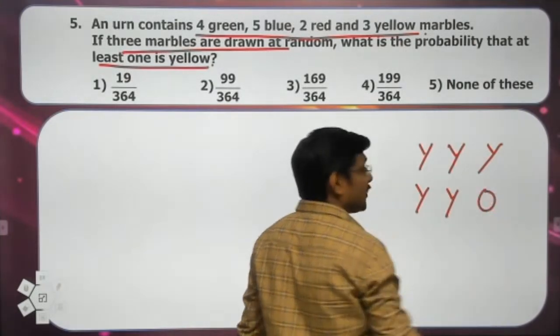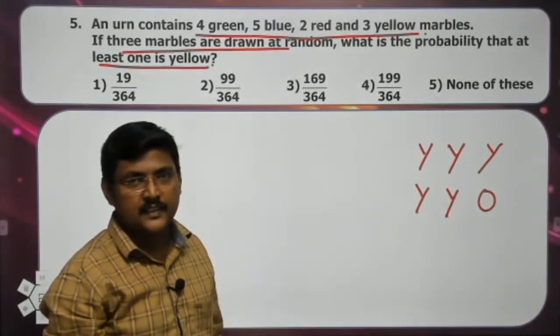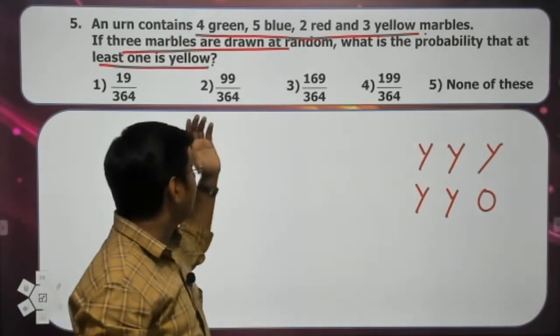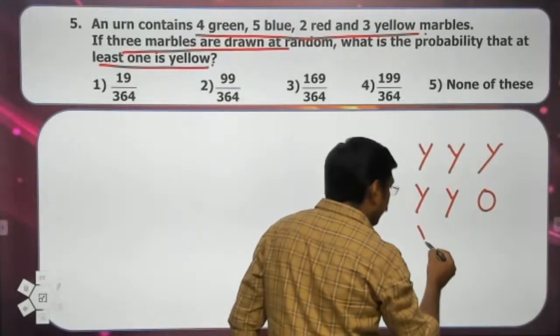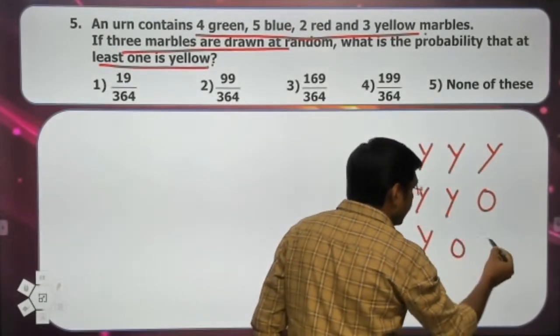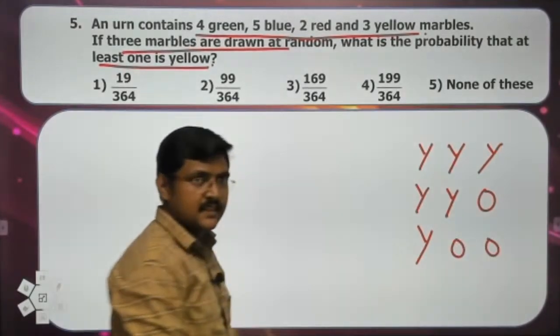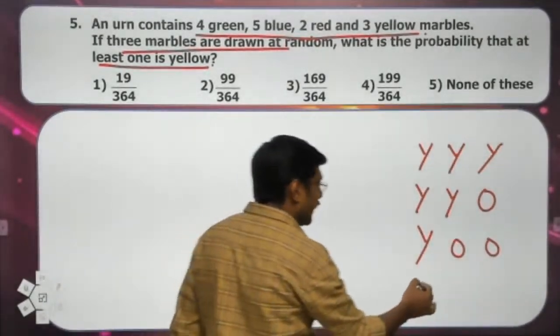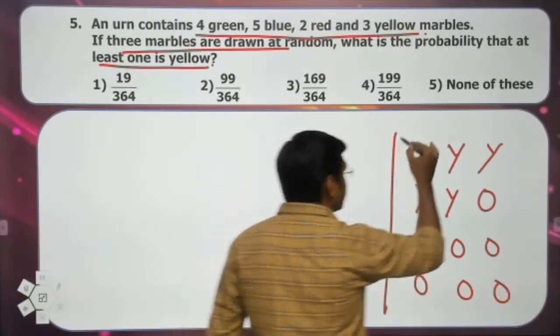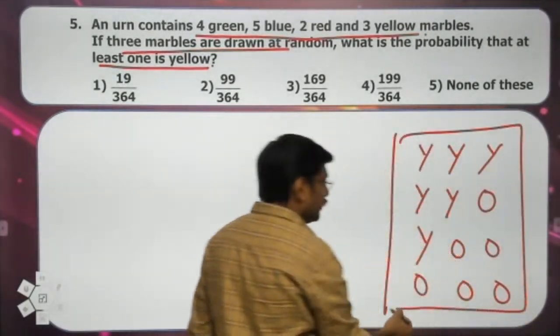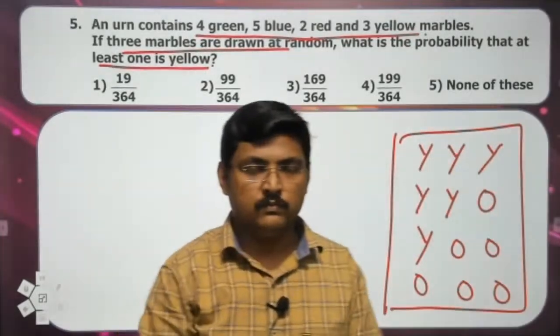Other color I am writing as O, other than yellow. That means it may be green, blue, red, like that, right. Next possibility is that only one is yellow and the other 2 are other colors. That is the third possibility, and the last possibility is that all the 3 balls are other colors. These are the total possibilities when we are drawing 3 balls related to yellow.